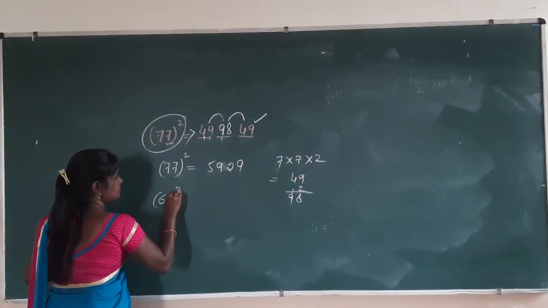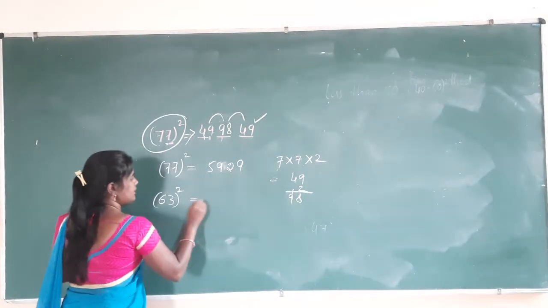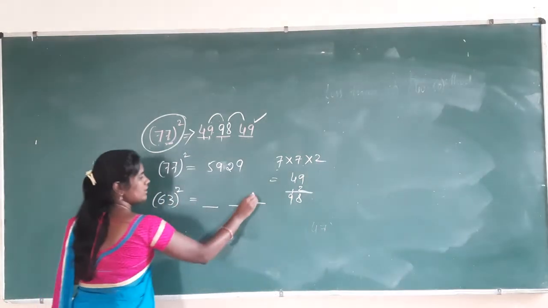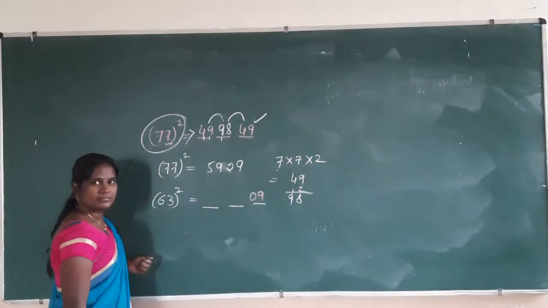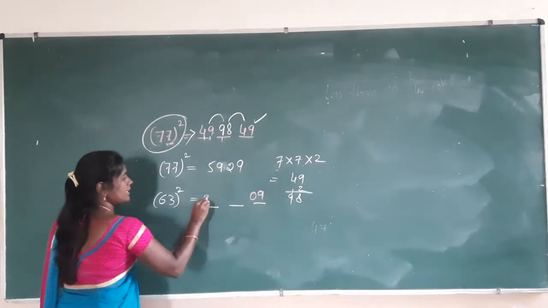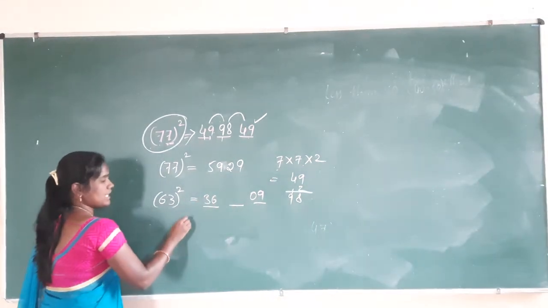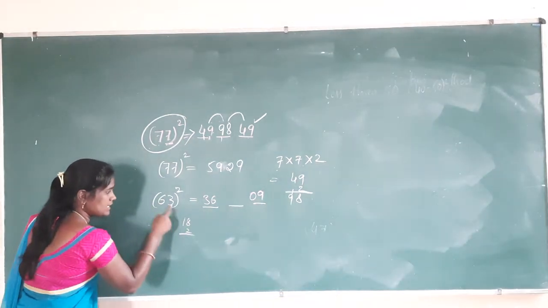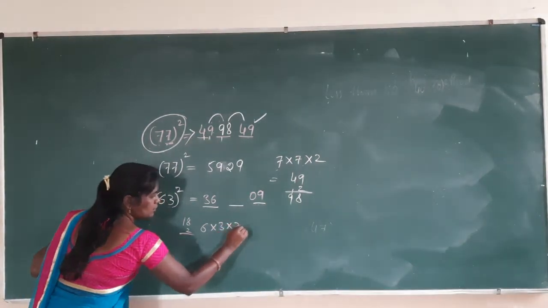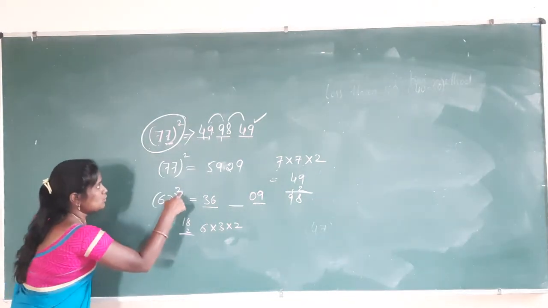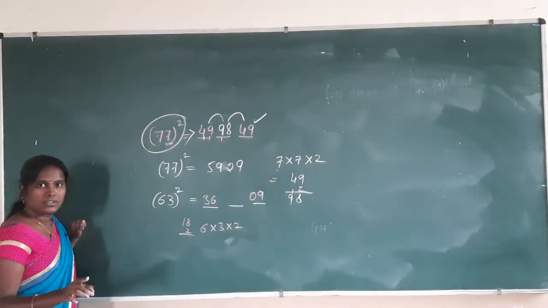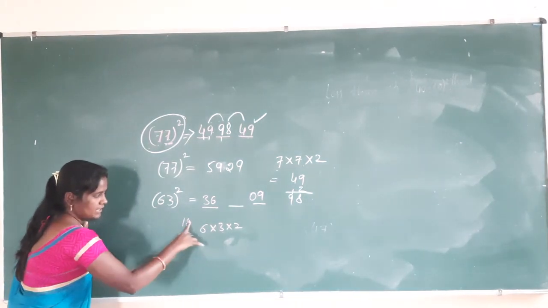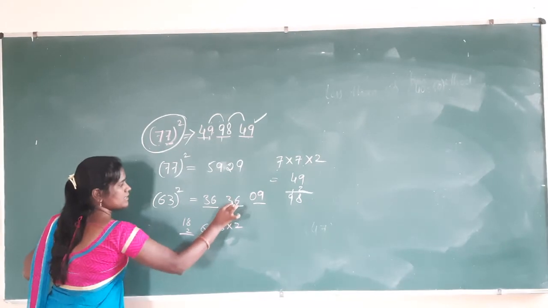We will take one more number. 63 square I will take. Yes, that is 3 dashes. Here 3 square is 9. 6 square is 36. 6 3s are 18, 18 2s are 36.